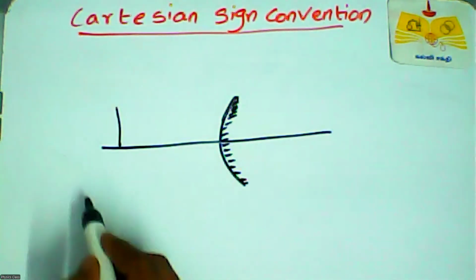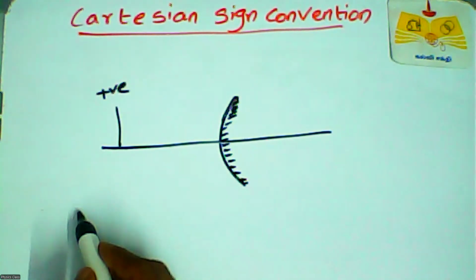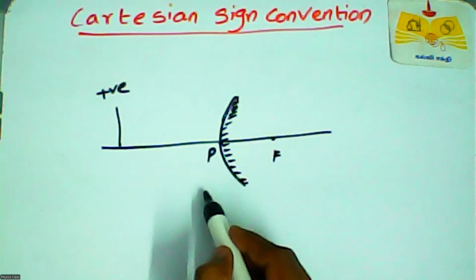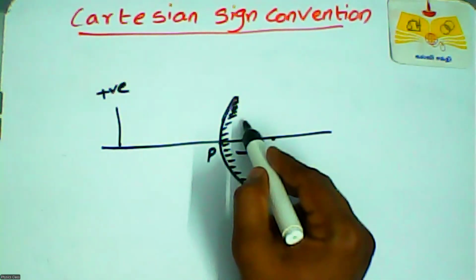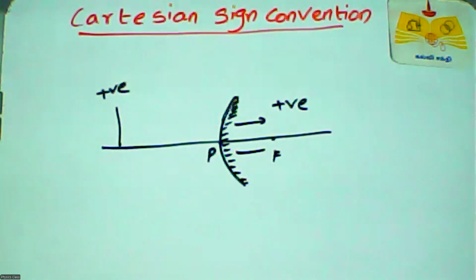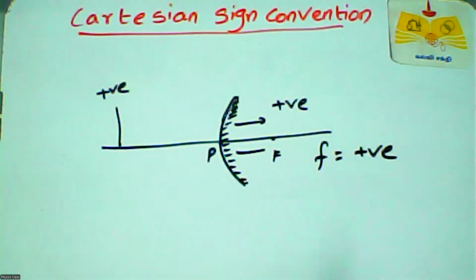Here the object is positive, and this is the pole, here the focus. So the focal length here is also positive. Yes, the focal length of a convex mirror is always positive. Is it clear? Okay. So these all belong to sign convention.